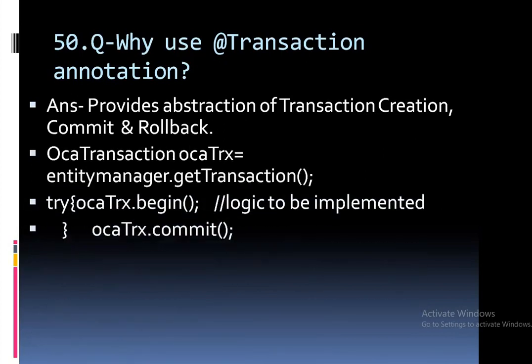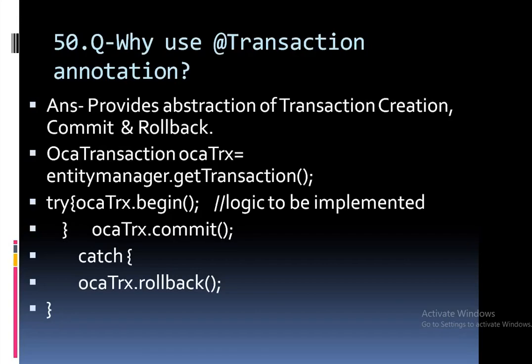For example, we create a transaction object equal to dependency.getTransaction, and through that we commit the particular transaction through transaction.commit, and we can also roll back through transaction.rollback. So with that transaction object we can commit, roll back, and create as well.